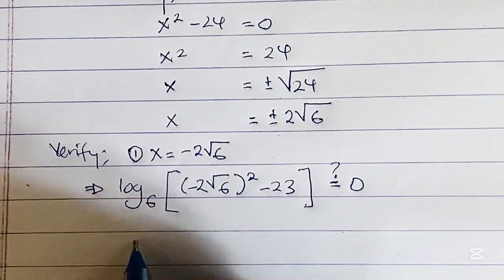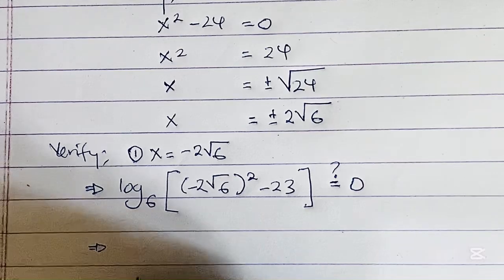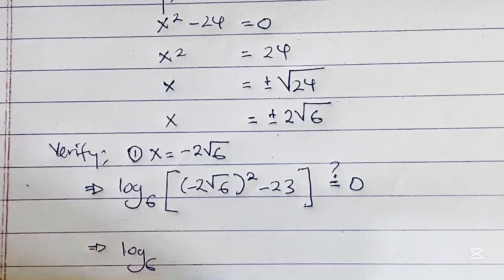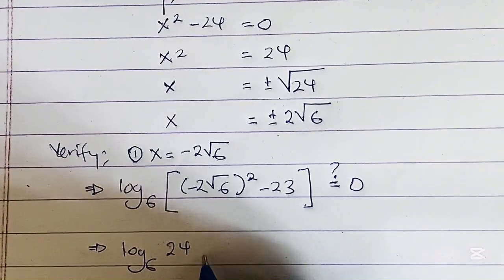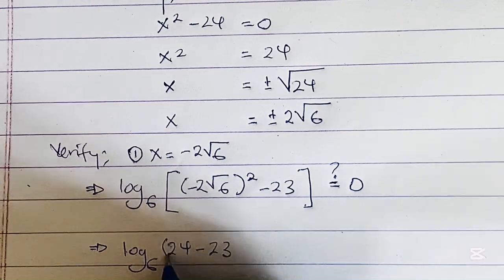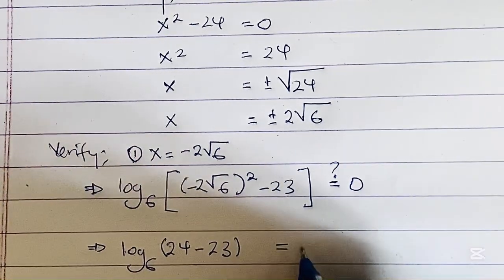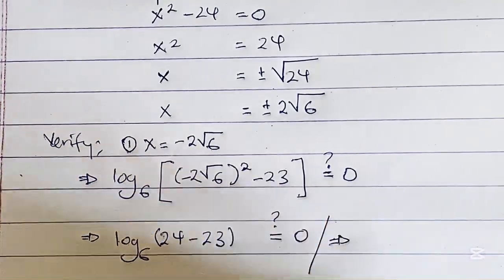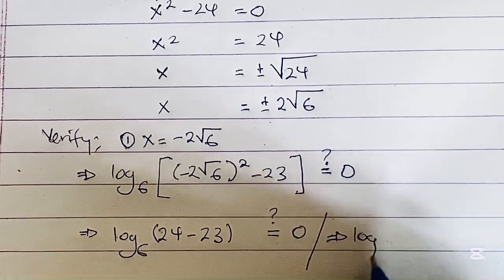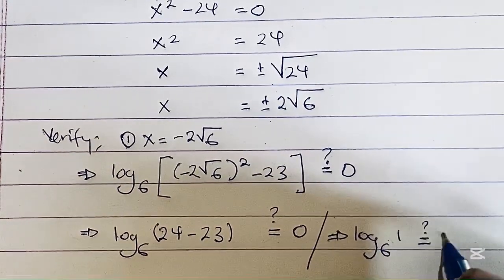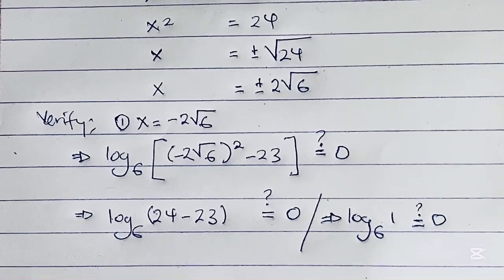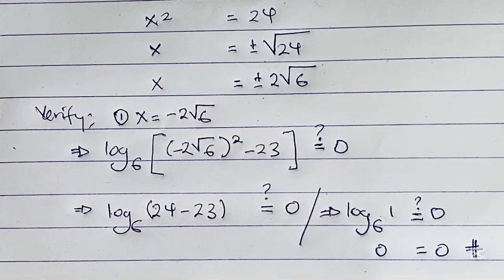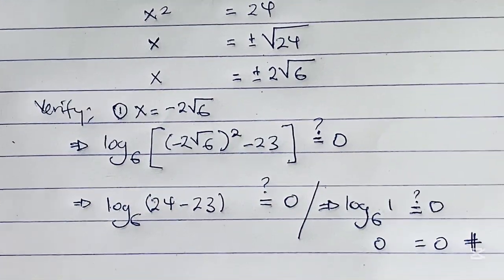So here this becomes log 6 of 24 minus 23 should be equal to 0. So this becomes log 6 of 1 should be equal to 0, and log 6 of 1 is equal to 0, so 0 is equal to 0. Therefore x is equal to negative 2 root of 6 is correct.